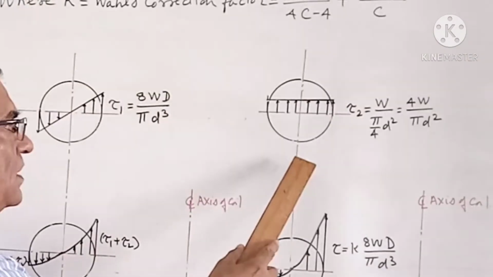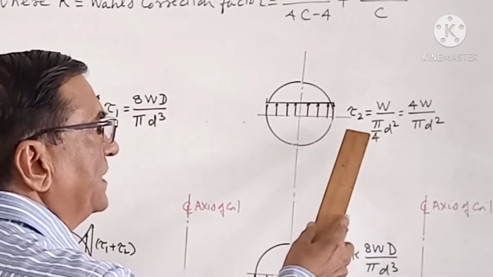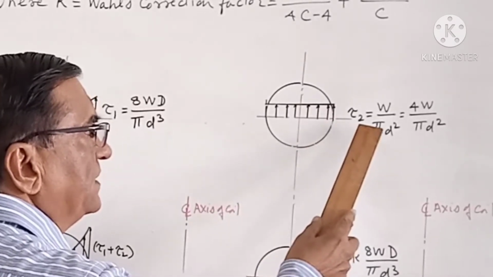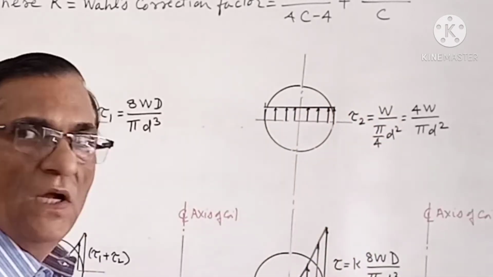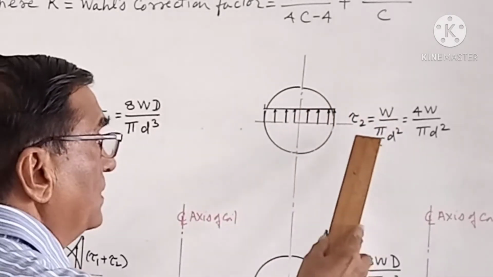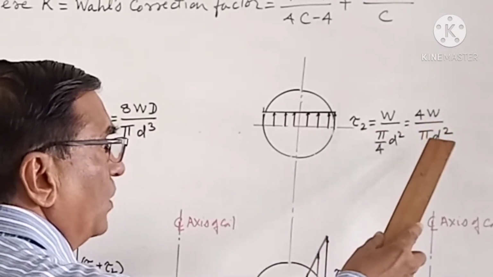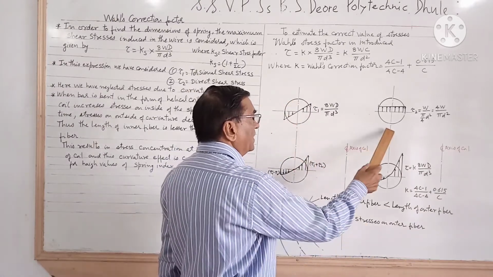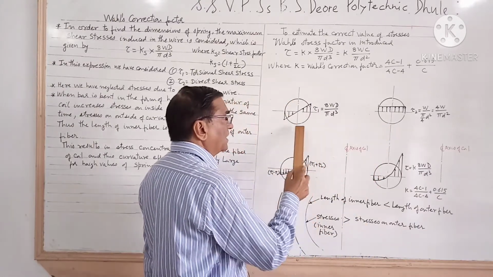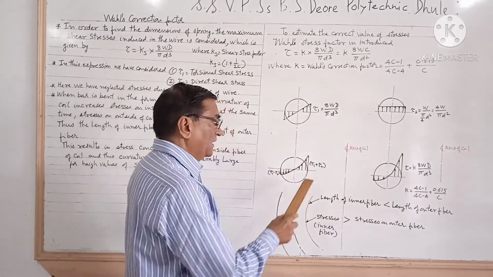This figure shows the effect of direct stresses, that is tau 2, and that is given by load upon cross-sectional area, where d is the diameter of wire. So tau 2 is equal to 4W upon pi d square. Now in this figure, the combined effect of torsion and direct shear stresses is shown.